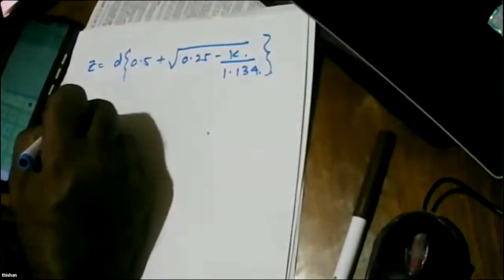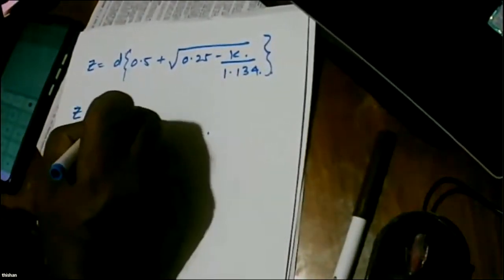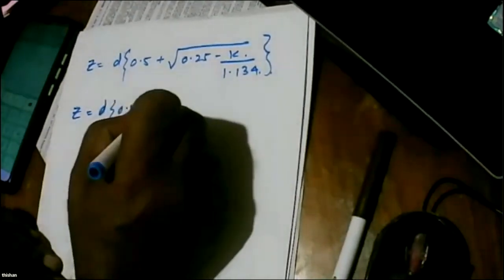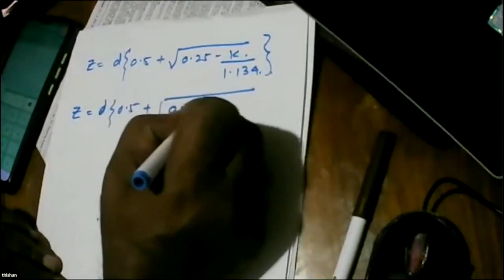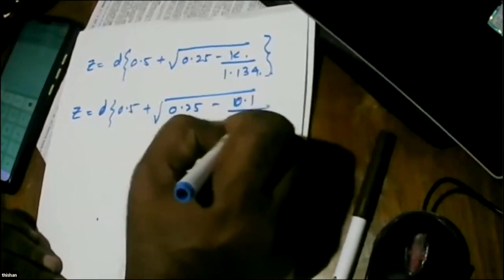Then Z is equal to d times [0.5 plus square root of (0.25 minus K over 1.134)]. So what is the Z value, Bandhu? As a function of d, 0.25 minus 0.1 over 1.134.